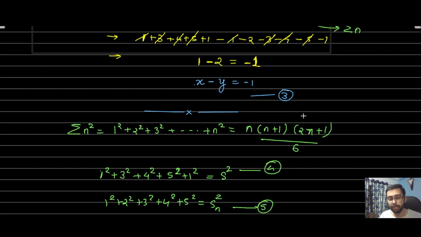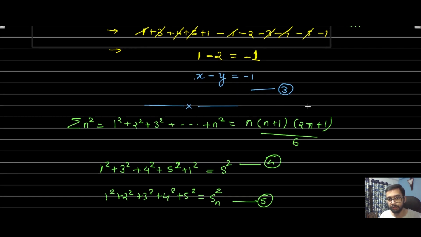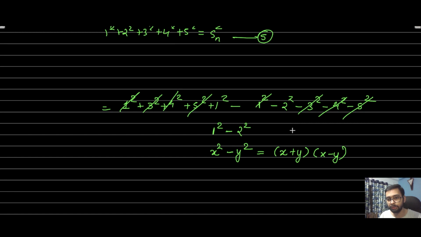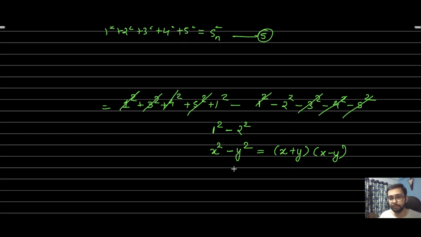From equation number 3, we also got the x minus y value as minus 1. So x plus y into minus 1 is equal to 1 minus 4, that will be minus 3. We will get this from equation 3.